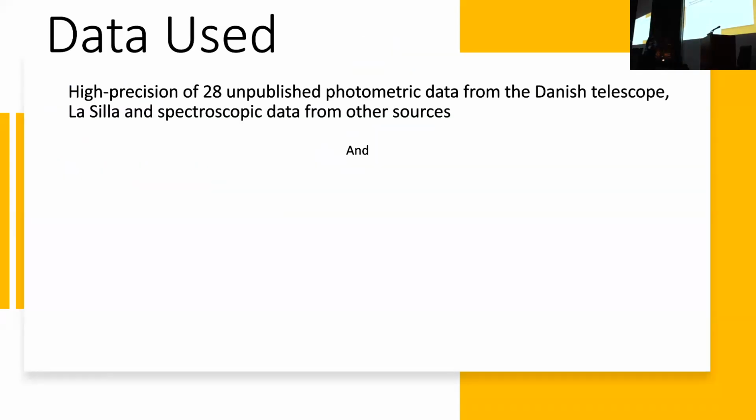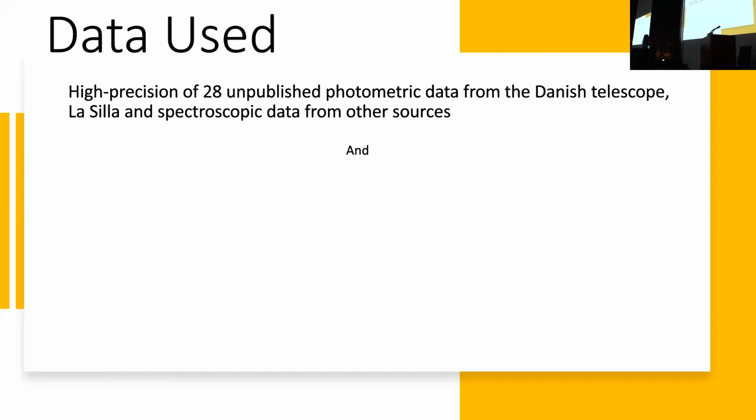Coming to the main part, we have used 28 unpublished photometric data sets, only from the Danish telescope at La Silla, Chile. This photometric data was observed as part of the MiNDSTEp observations.